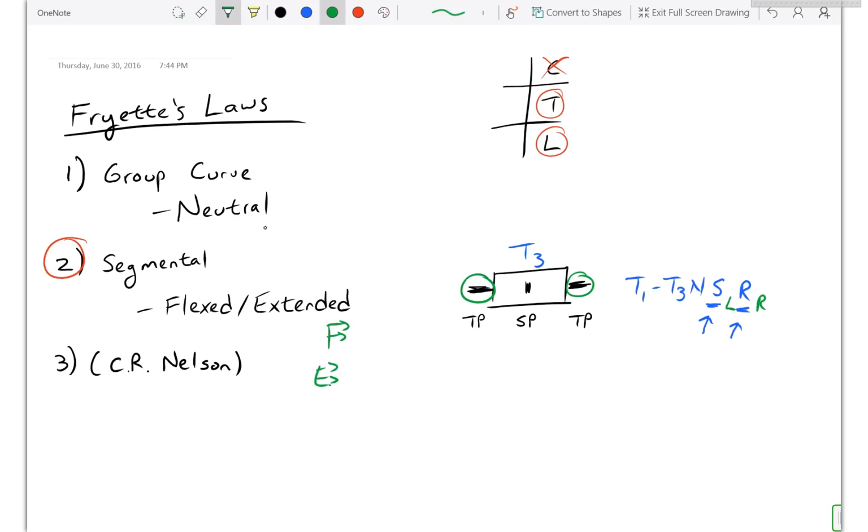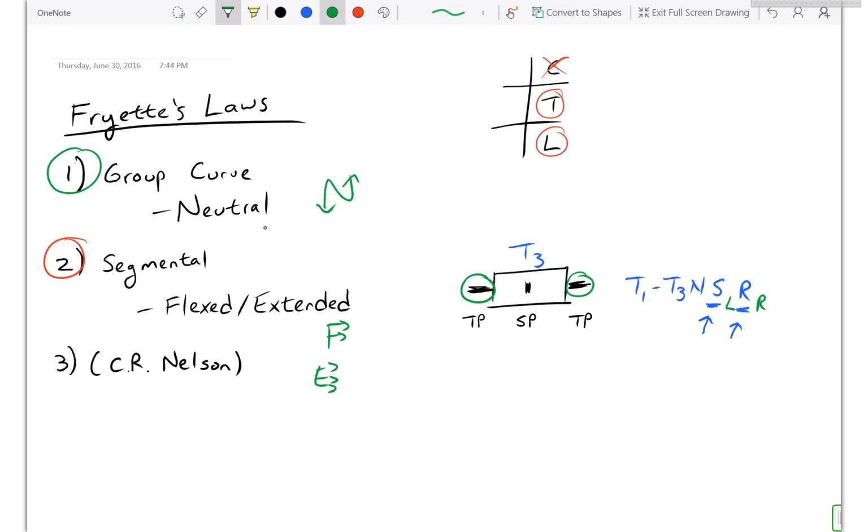The way to remember the way side bending and rotation works for group 1 somatic dysfunction is to think of the letter N, like N for neutral. The N arrows are in opposite directions, right? If we were to draw arrows. So the side bending and rotation are going to be in opposite directions for group 1 somatic dysfunctions, or type 1 somatic dysfunctions. So Fryette's laws talk about how vertebrae move. Fryette's law number 1 talks about group curves.